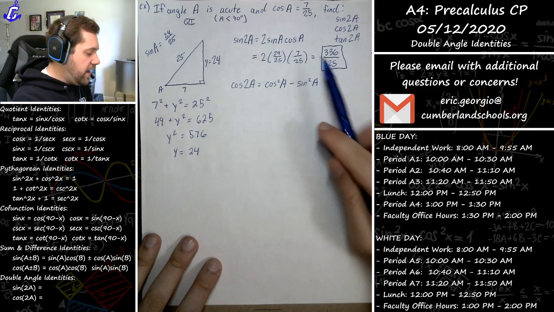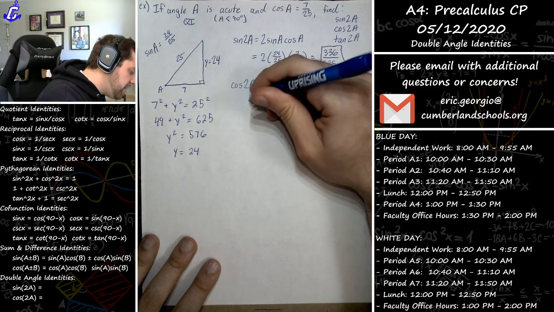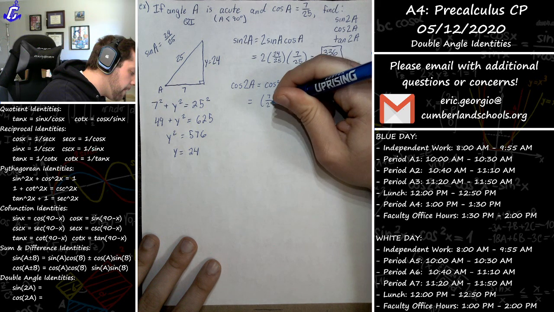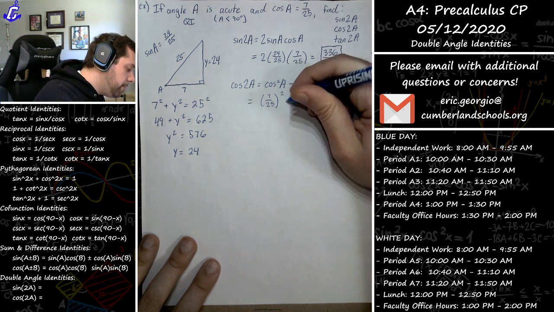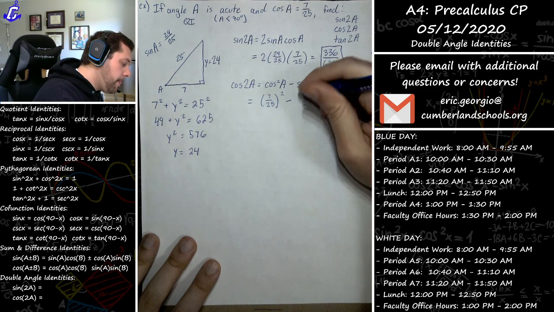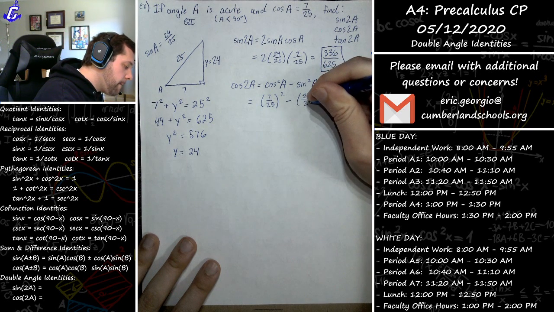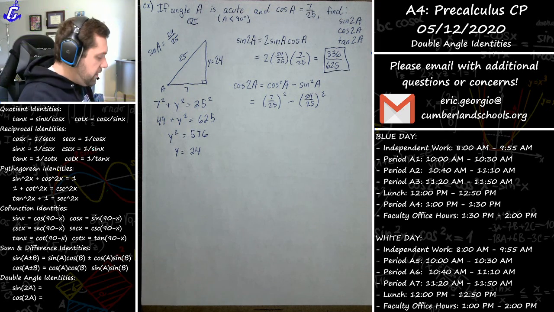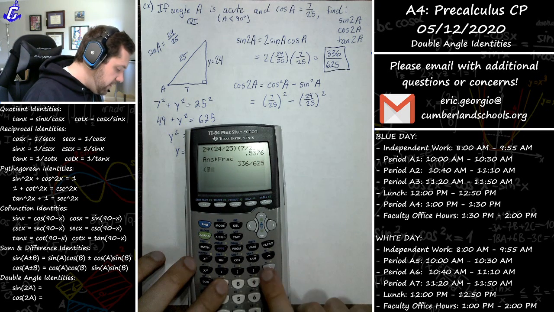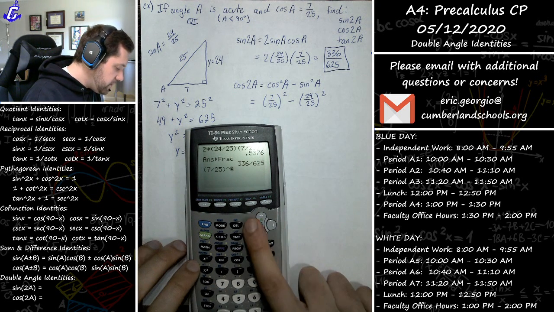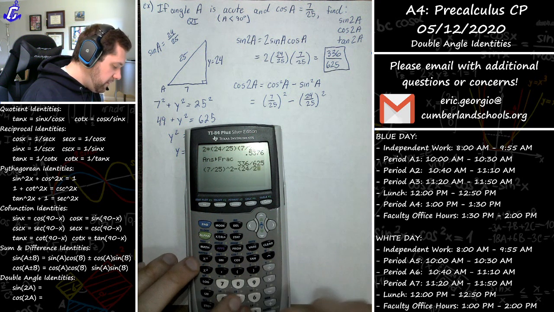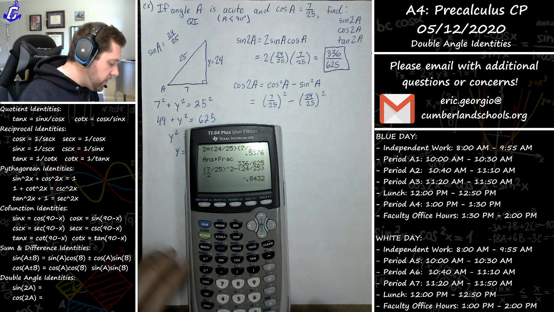Well, here's cosine of a, and here's sine of a, so I'm going to say that the cosine of 2a is cosine squared of a, here's cosine of a squared, minus sine of a squared. Just like that. Plug into a calculator, we're going to get 7 over 25 squared minus 24 over 25 squared, and we get negative 0.8432.